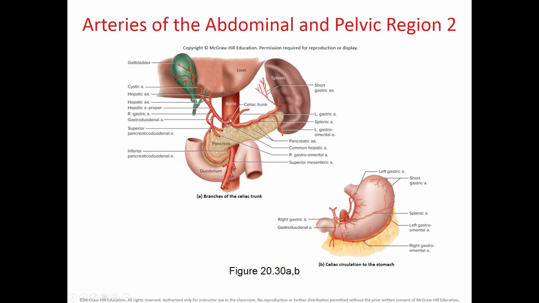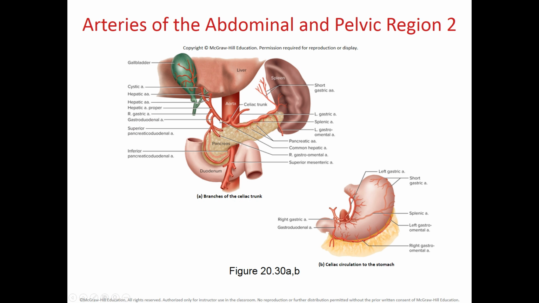Branches of the celiac trunk: the left gastric in here, a splenic in here, which is going to provide blood supply to the pancreas, and then the left gastroepiploic, short gastric arteries. Then also it gives the common hepatic, which is going to give the hepatic proper, hepatic artery, cystic artery, which is going to provide blood supply to the gallbladder.